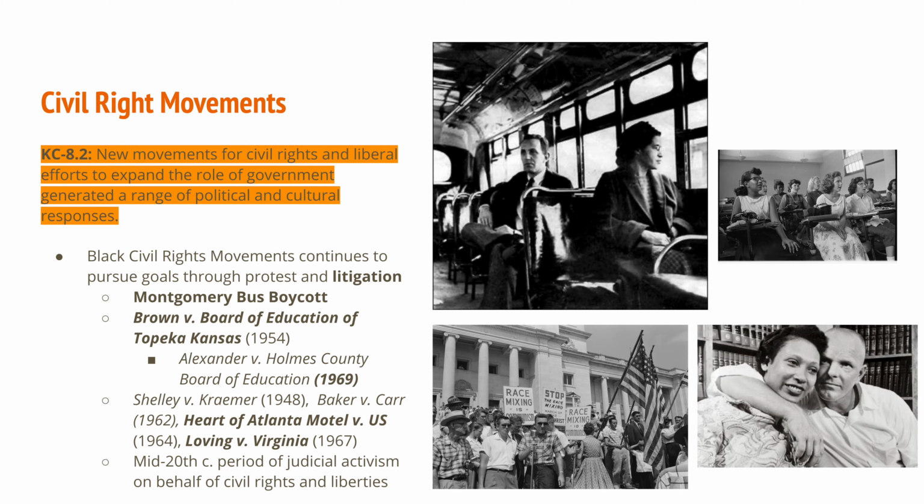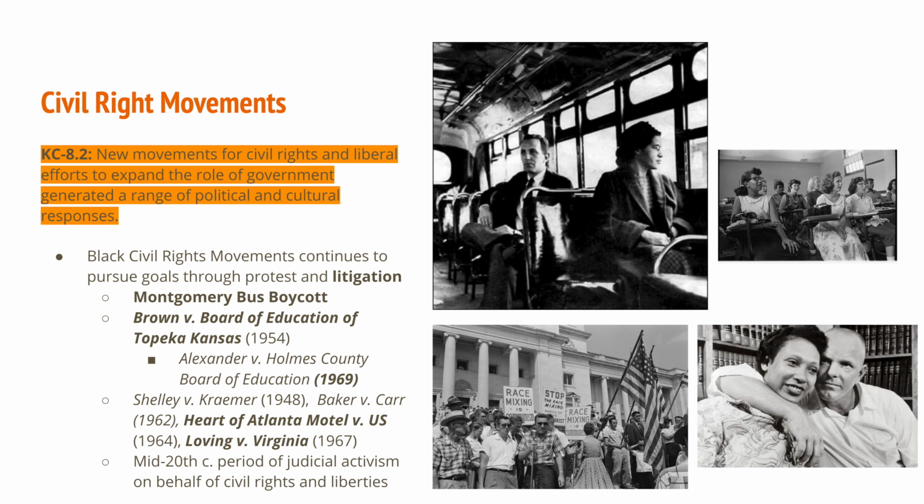And then the entire city of Montgomery organizes against the public transportation system. So they say, you know what, if you're going to discriminate against us and force us to be second-class citizens on your services, then we don't have to use your services. We will just walk. We will create carpools. We'll get to where we need to go without using a discriminatory public transportation system.